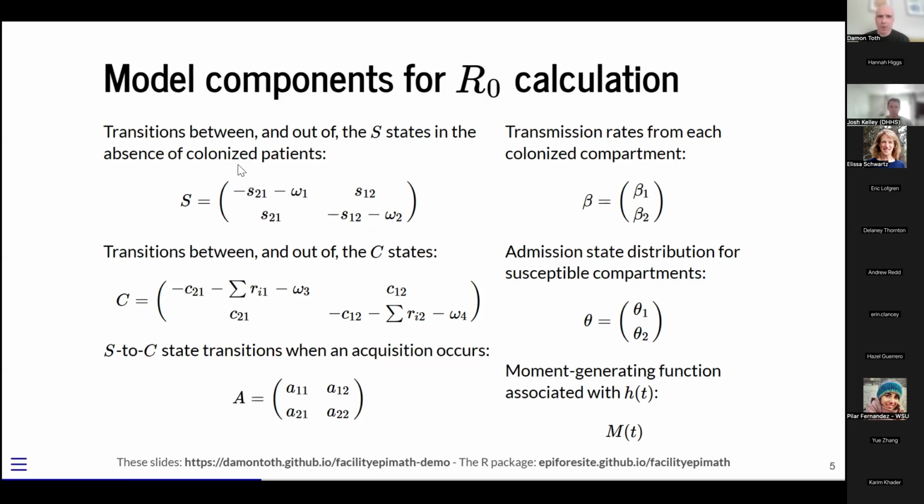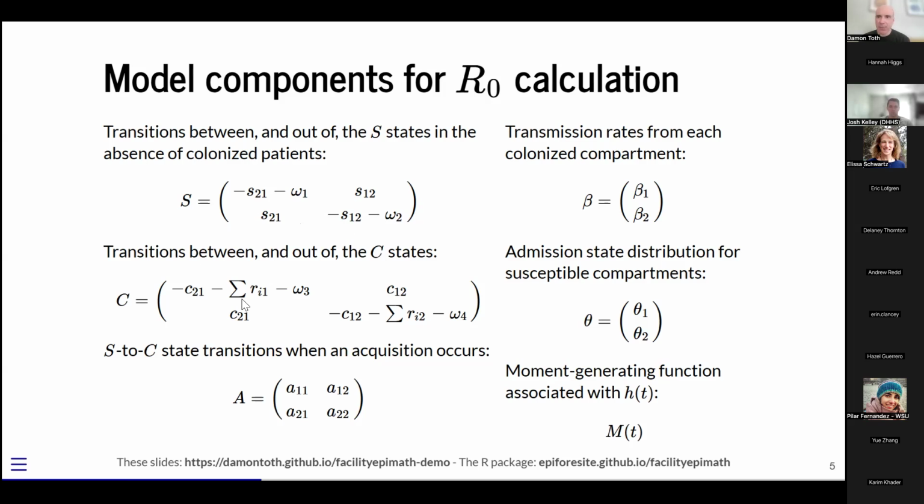These represent the terms in those equations that are the transitions between or out of the two S states in the absence of any colonized patients in the facility. They could transition between each other, if a patient's state can change during their stay to make them more or less susceptible. And then the omega subtraction terms, which are the discharge or death rates.